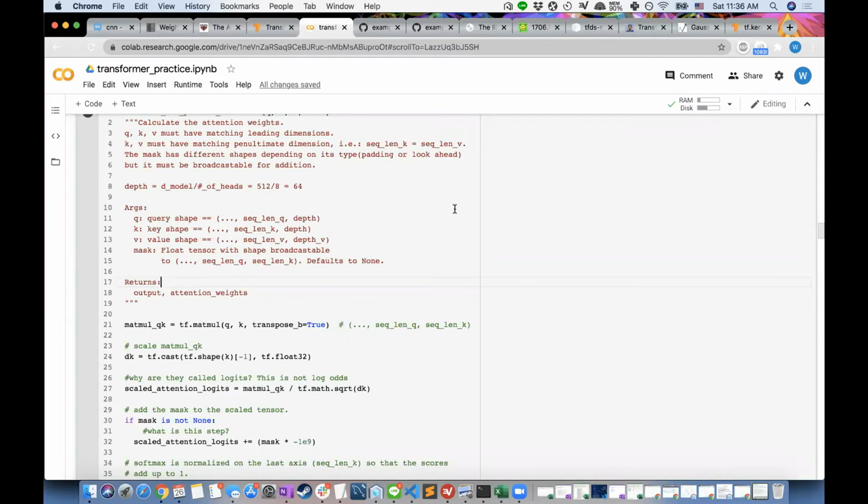It is not self-attention anymore. So in that case, the query comes from the input to the decoder, whereas key and value are projections of the output from the encoder. So in that case, the sequence length would be different.